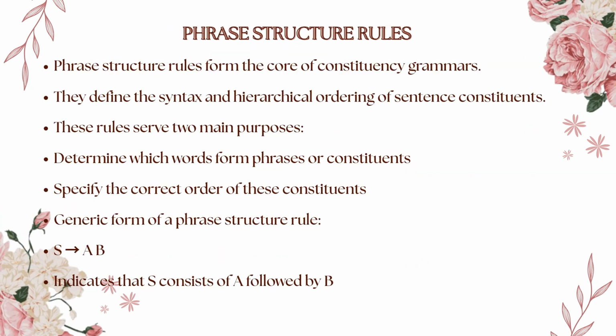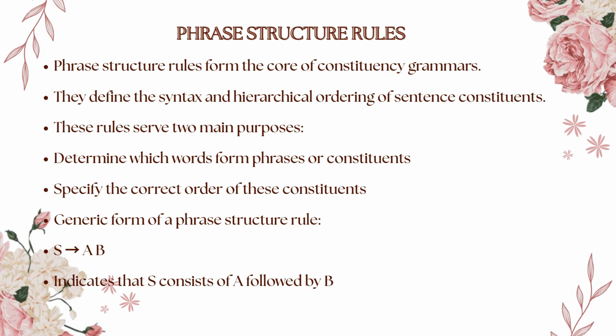Phrase structure rules form the core of constituency grammars because they talk about the syntax and rules that govern the hierarchy and ordering of various constituents in the sentences. So these rules are again divided into two categories. The first one is mainly used to determine what words are used to construct the phrases or constituents.